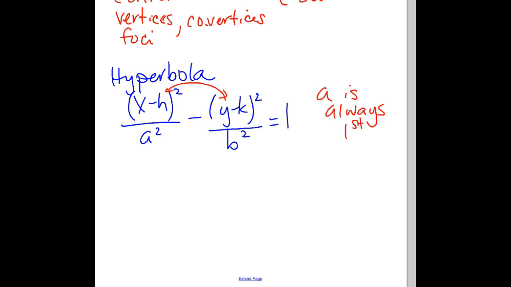All right? So what are the things we would be able to pull out from this equation to do our graph? Starting with center. Okay, which is our HK again. Somebody else, what's another thing we can get? We can find vertices. How do we find the vertices?